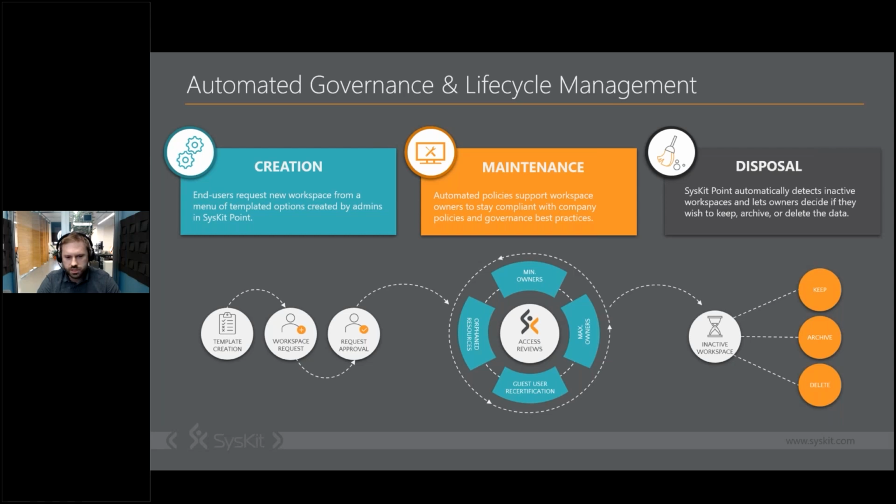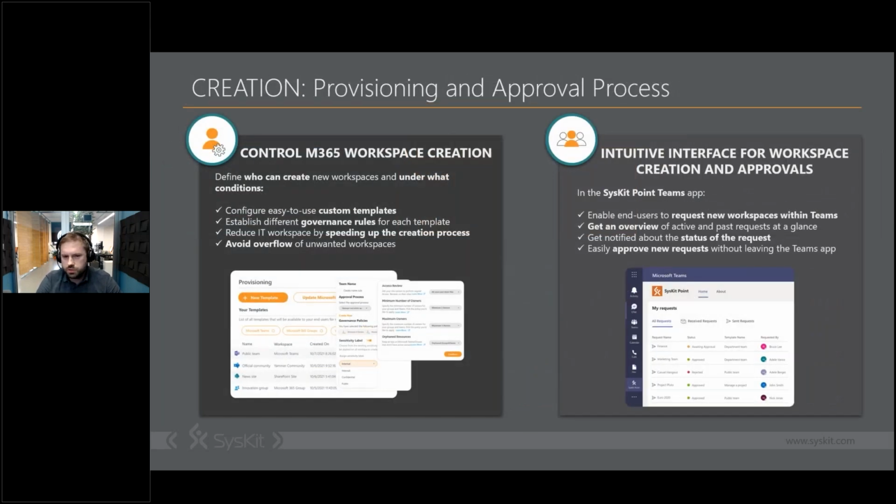I'll now briefly go through these three steps in a bit more detail, and then we're going to jump straight into the demo. In terms of creation, from the IT side, what you need to do is define who can create new teams, groups, sites, even Yammer, and under what conditions.